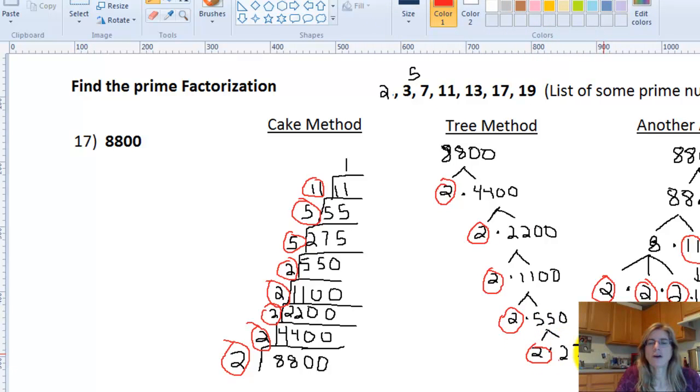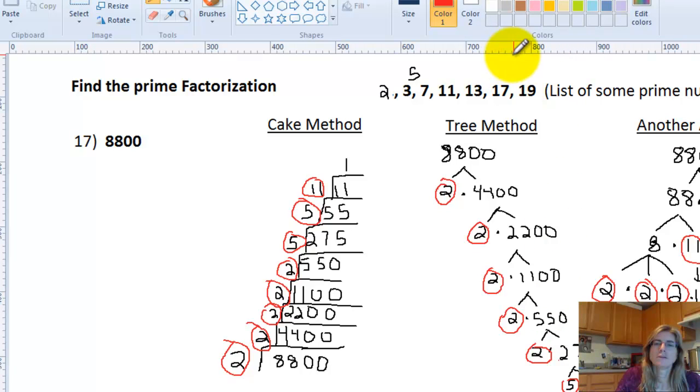Now 275. 2 times something is 275? No. 3 times something is 275? No. 5 times something. But 5 times what? We already figured that out over here. 5 times 55. And then 5 is a prime number.